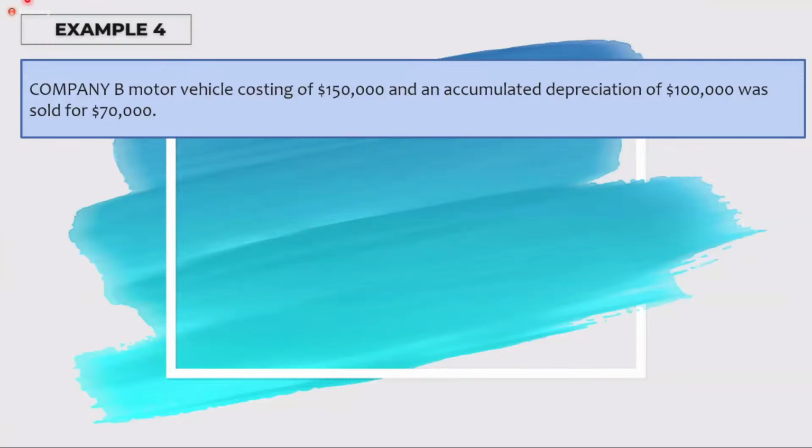Now let's move to example 4 here. Untuk lebih jelas, kita akan lihat example 4. Company B motor vehicle costing $150,000, with accumulated depreciation of $100,000, was sold for $70,000.